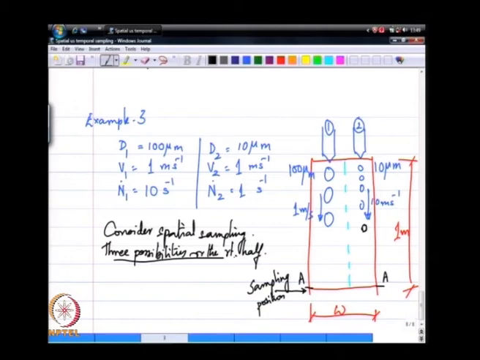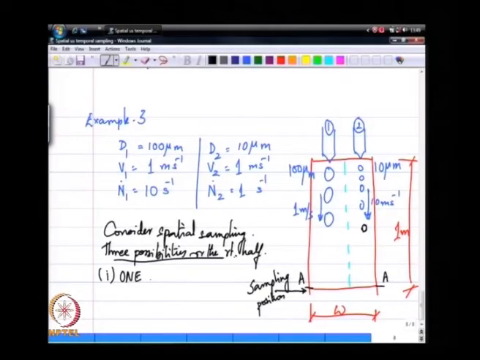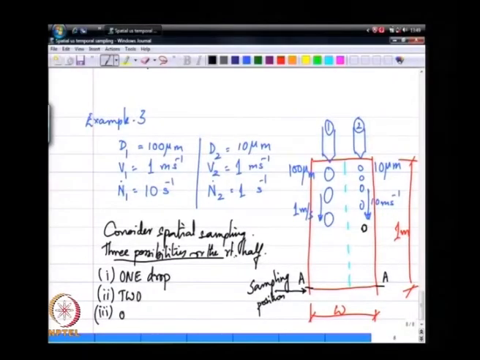I only have one possibility, that there will be 1 drop in the frame; the other 3 cases, where it is just about to exit or just about to be produced, are sort of rare events. So, 2 drops and no drops are both rare events.